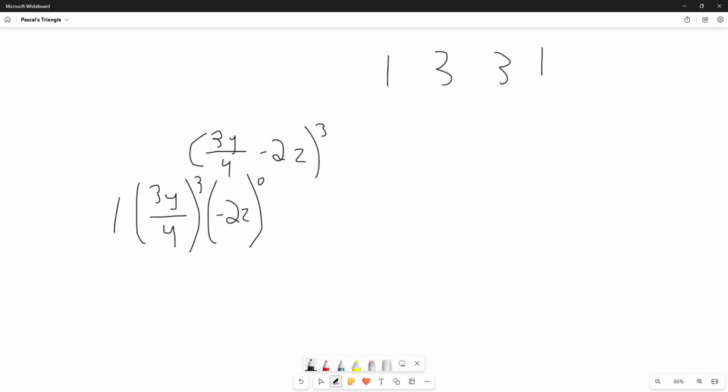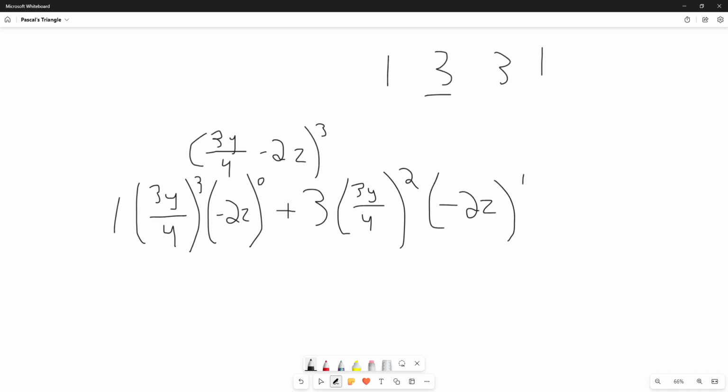Then plus, we use the next number, the 3. 3 multiplied by 3y over 4 to the power of 2 and minus 2z to the power of 1.